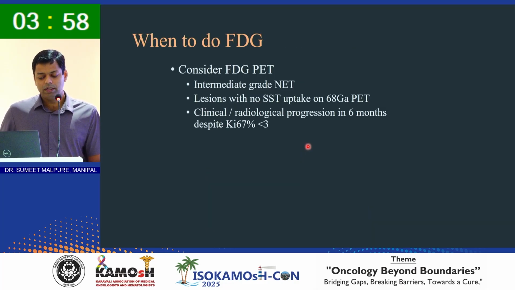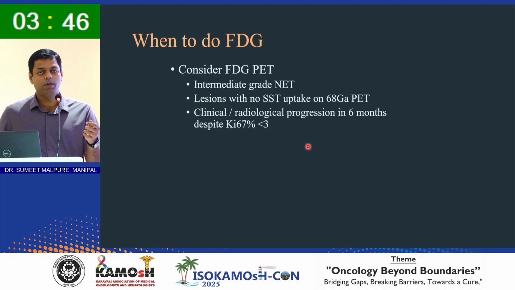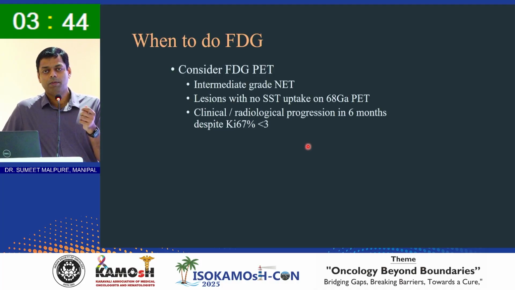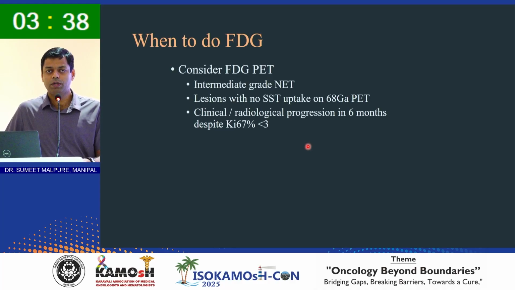When do we do FDG? If it is an intermediate grade. You take a biopsy, you see that it is an intermediate grade, grade 2 or grade 3. Or when you look at somatostatin expression, even in grade 1, let's assume the biopsy comes as grade 1, well differentiated, you do a Dotanoc PET-CT, and you can see many lesions which are Dotanoc non-avid or of mild avidity.